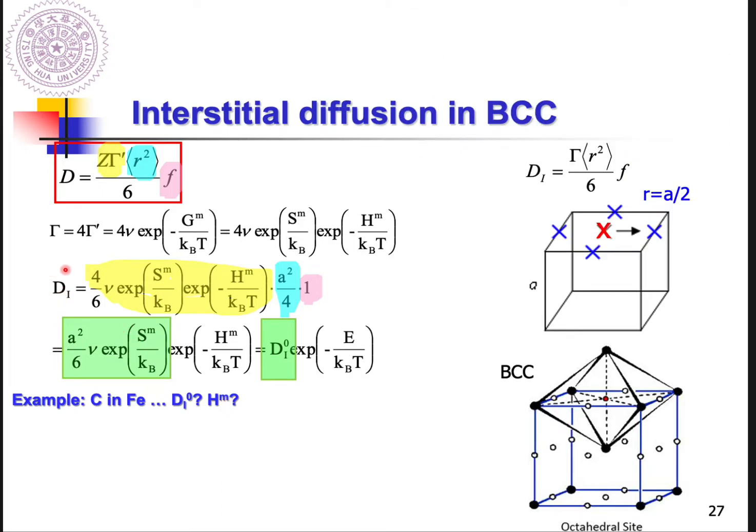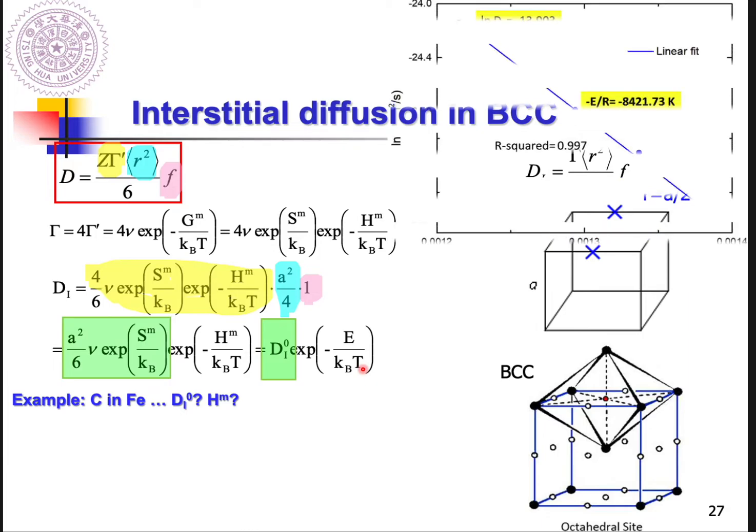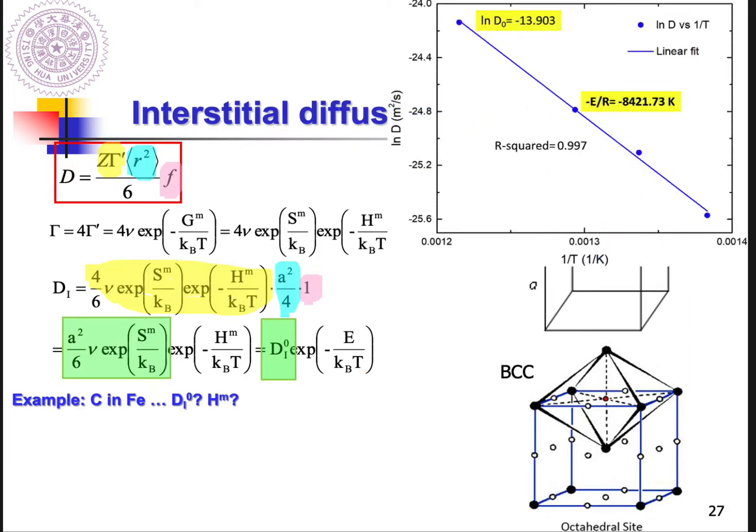As long as you measure the diffusivity of this carbon at different temperatures, for example at 4 different temperatures, then you plot log D versus 1 over T and fit it. You know the slope will be equal to minus the migration enthalpy divided by kB, so you can get the migration enthalpy.